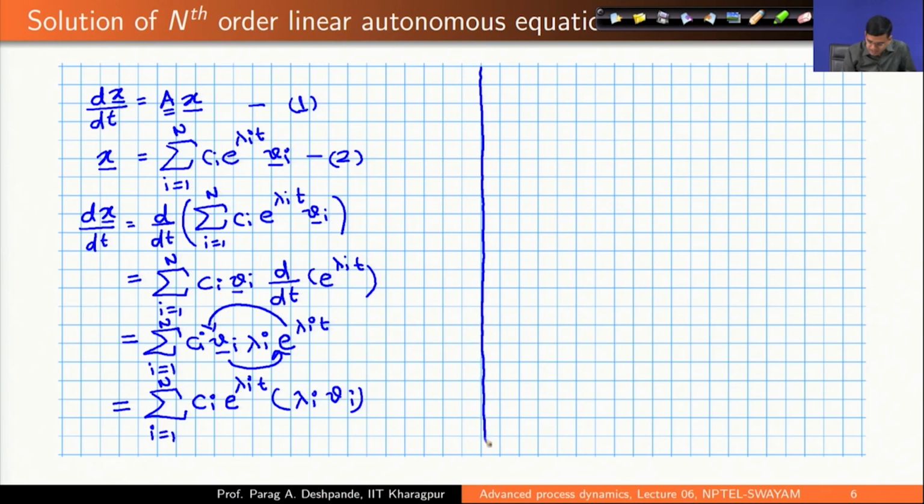Now, I observe that in the bracket I have lambda i v i under bar, and what I know is that lambda i's are the eigenvalues and v i bars are the corresponding eigenvectors.